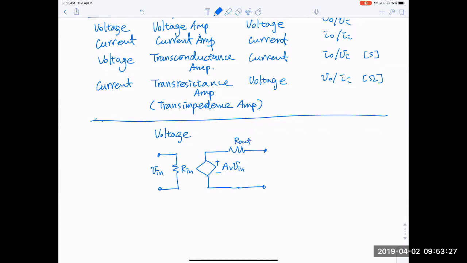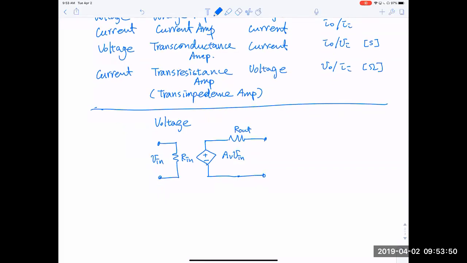This looks very similar to a transistor equivalent circuit, but it's not to be confused with a single transistor equivalent circuit. This is a circuit of the entire block. Exactly what it is, after we go over the model, we'll talk about specific amplifiers.